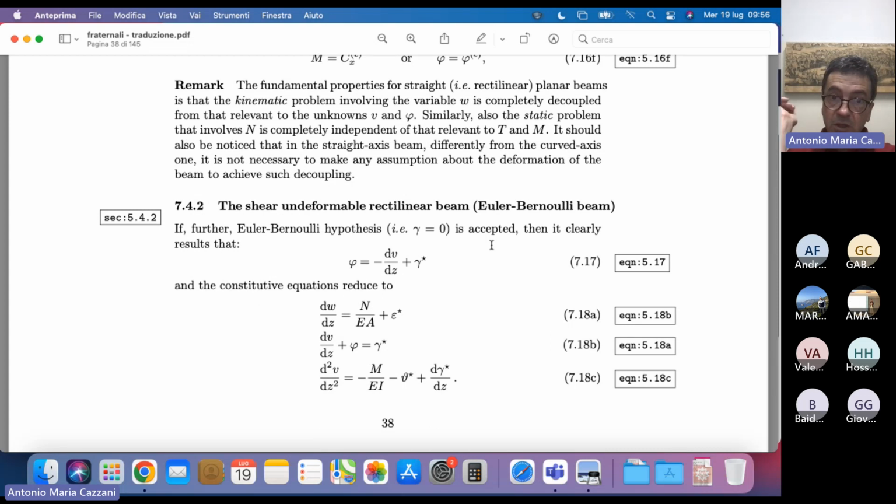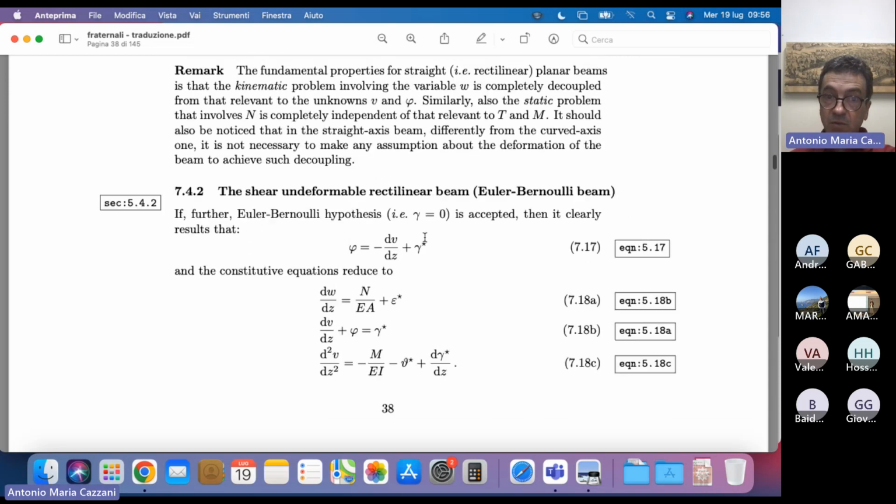For simplification, we can introduce the ban of the shear deformation, telling that the shear strain gamma, determined by the constitutive equation, must be zero.